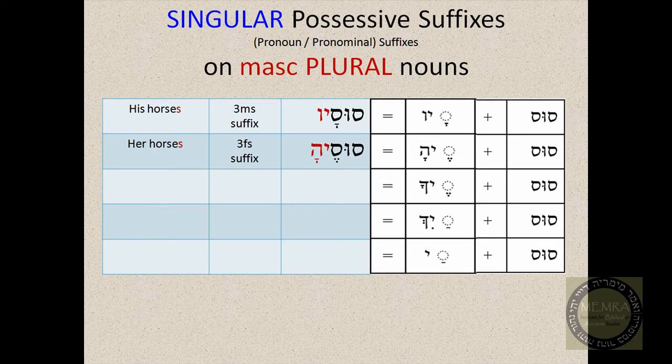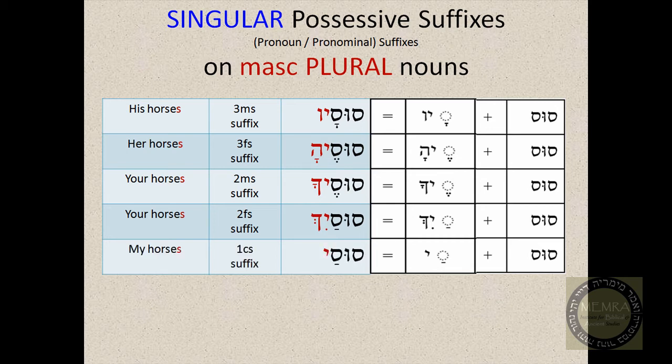Sus e ha, third feminine singular suffix, her, and the plural noun horses, her horses. Sus e ka, second masculine singular suffix, your horses. Sus aik, second feminine singular suffix, your, and the noun's plural, horses, your horses.